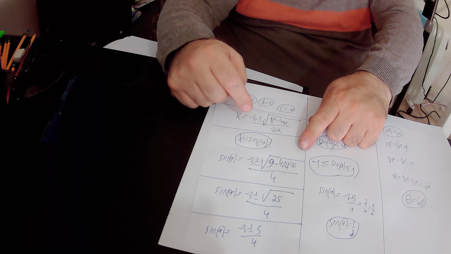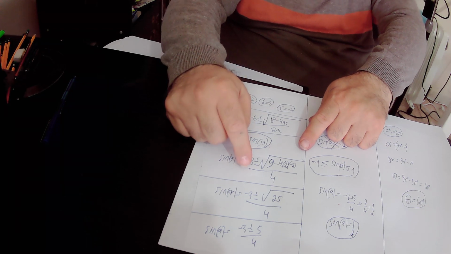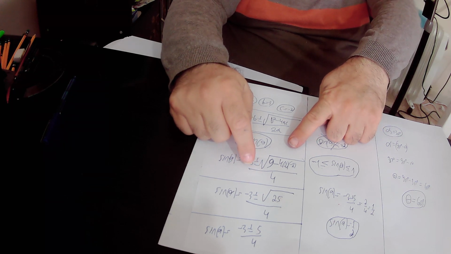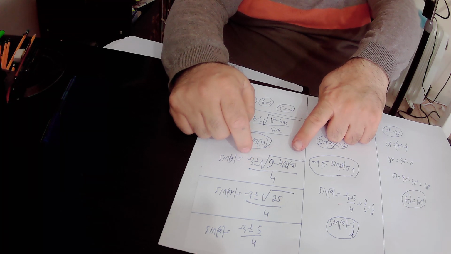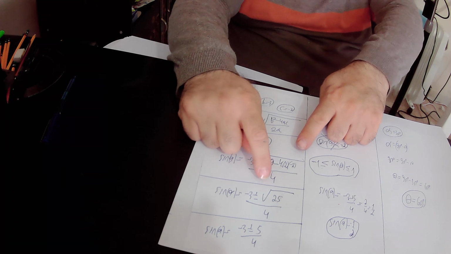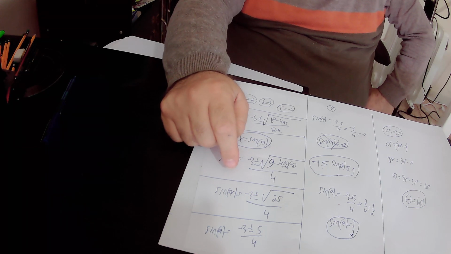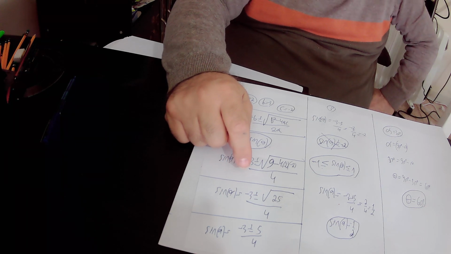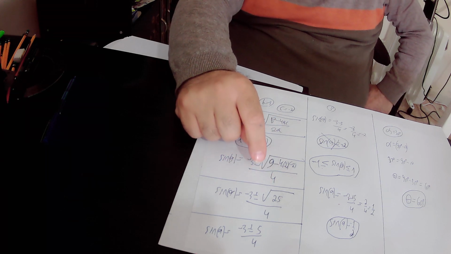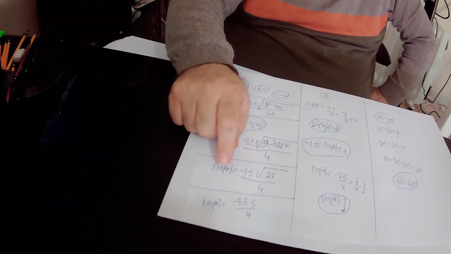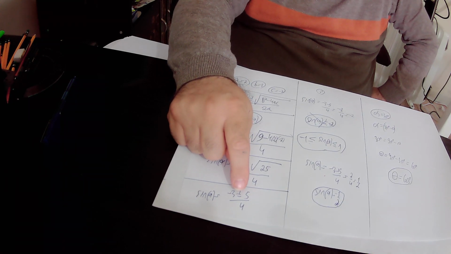Minus 4 times 2 is minus 8, and minus 8 times minus 2 is plus 16, 16 plus 9 is 25. So inside the root we have only 25 left. So sine alpha equals minus 3 plus minus square root of 25 over 4. The square root of 25 is 5, so sine alpha equals minus 3 plus minus 5 over 4.